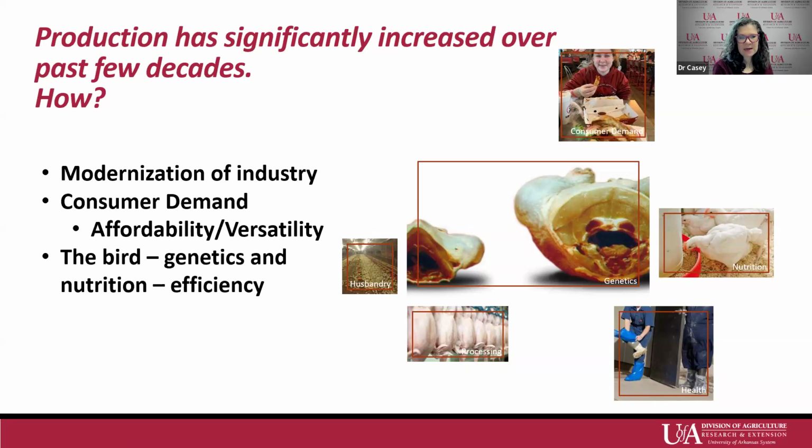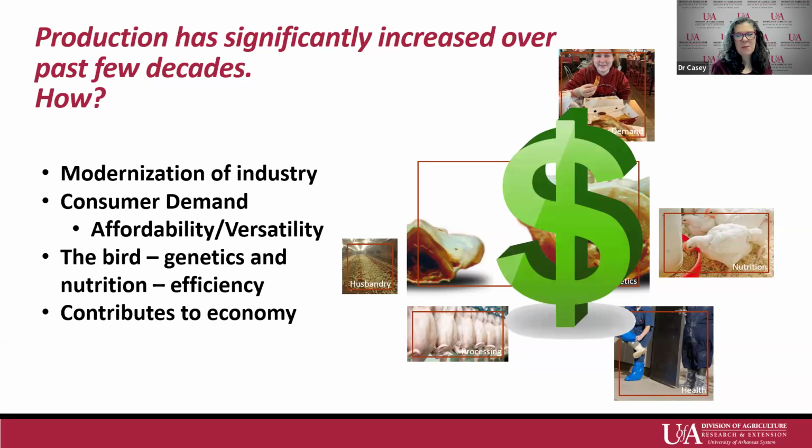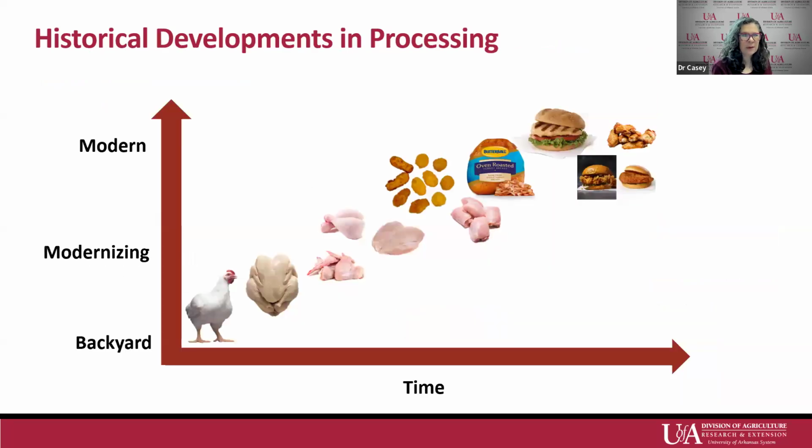We've always seen improvement in genetics and nutrition, which makes those birds more efficient. By being more efficient in putting more meat on during their shorter growth period, that makes production affordable. And the poultry industry also contributes to the economy, so that's good for people.